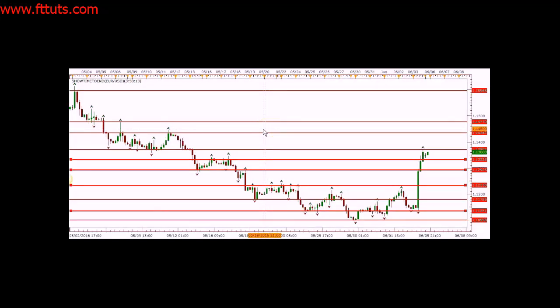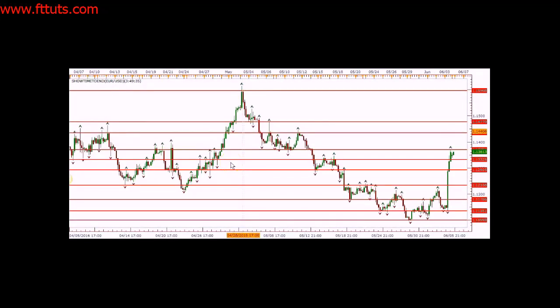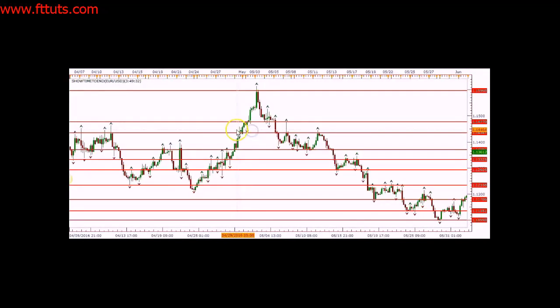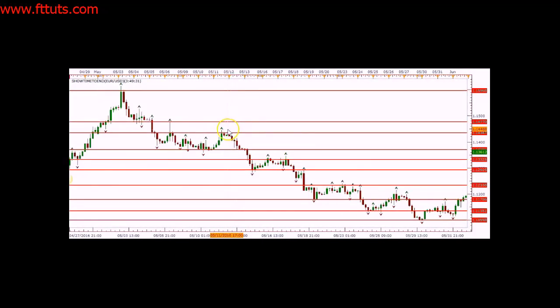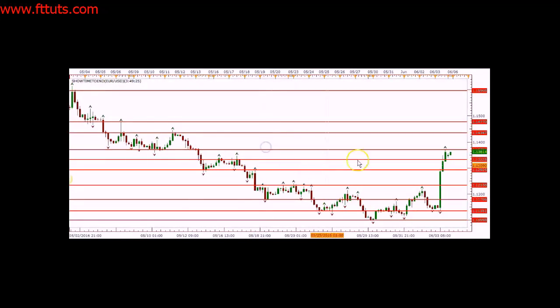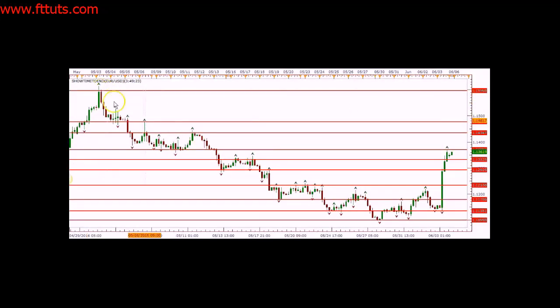All right, so that's looking at your support and resistance levels. So when you're looking at these support and resistance levels, another thing that you want to keep in mind, all right, and we'll keep some of these levels. Let's get rid of some of them. All right, so if you were trading and this is a bearish move to the downside, let's remove some of these levels.